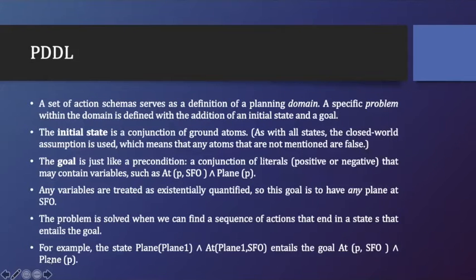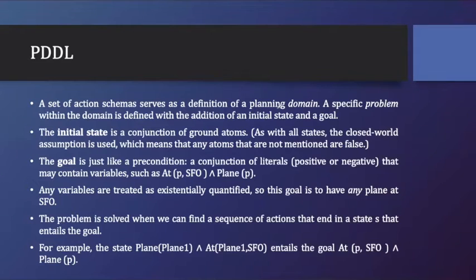Now, to understand the previous example that we have just written, a set of action schemas serves as a definition of a planning domain. So when we have a set of actions, that set of actions is nothing but defined as the planning domain.